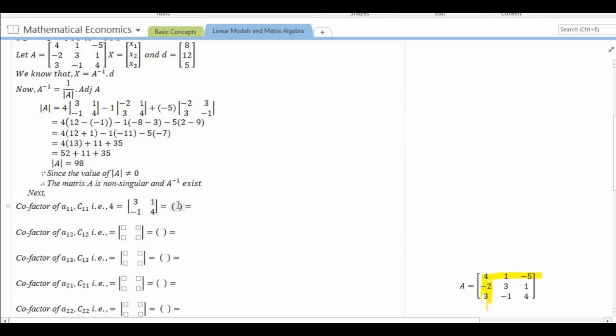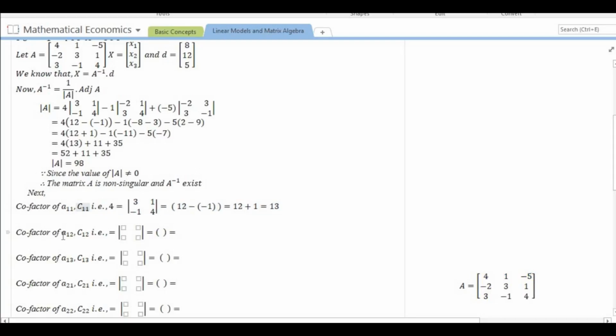Let us simplify. 3 times 4, 12, minus in between. Now minus times plus is minus. Let me write within bracket minus 1 times 1 is 1. Let us simplify further. 12 minus times minus is plus 1. 12 plus 1 equal 13.